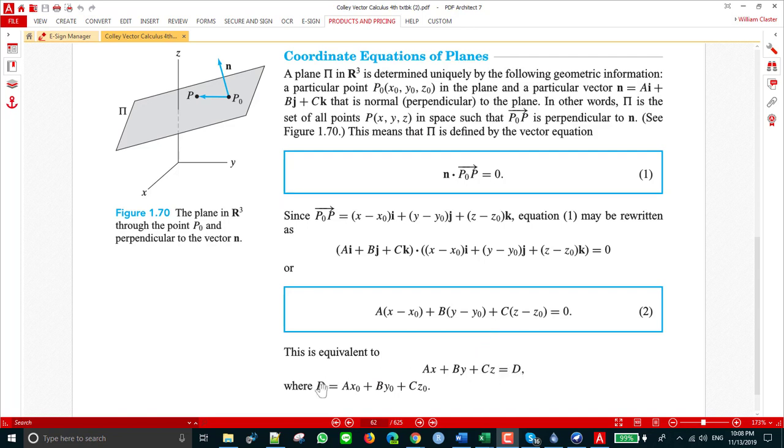So here's d. Then once you work that out, you're going to get this equals d. And so this is another version of the equation of a plane. So whenever you see an equation like this, this will be the equation of a plane.